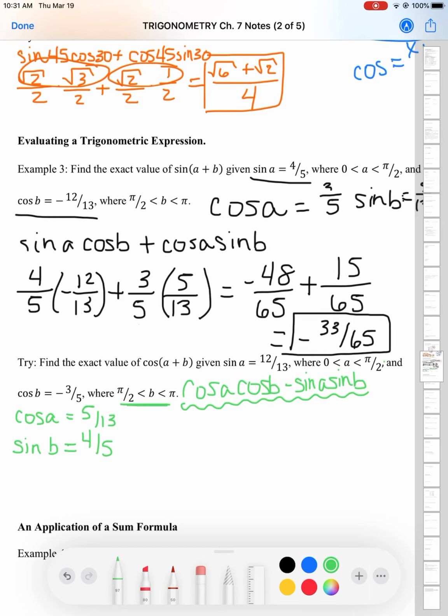So cosine A is 5/13 times cosine B, which is negative 3/5, minus sine A, which is 12/13, times sine B, which is 4/5.